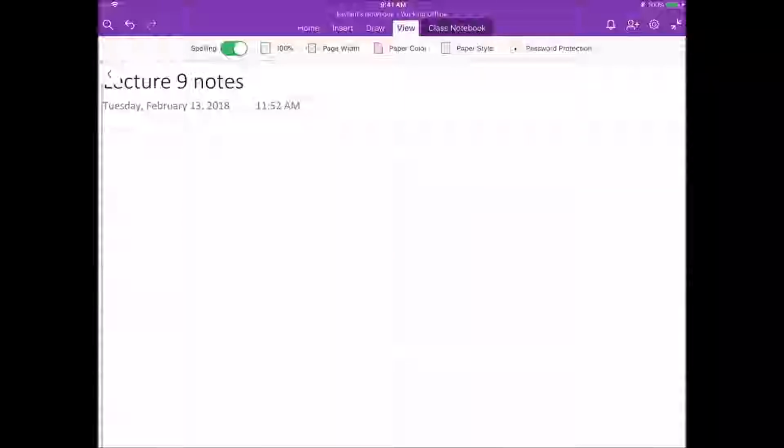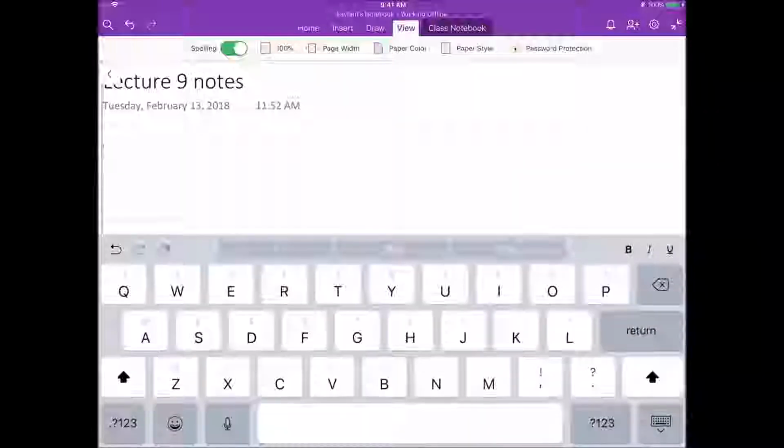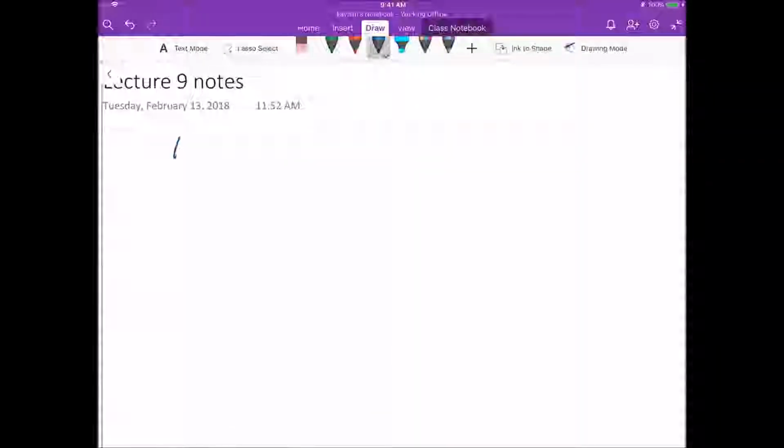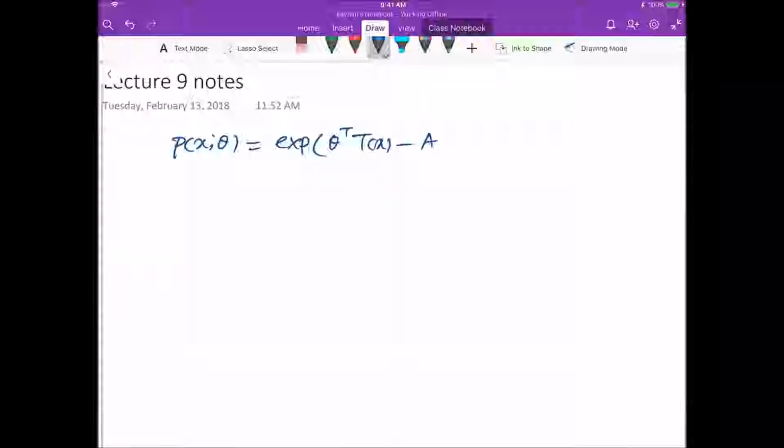To recap the exponential family, if you remember, T was the sufficient statistic, theta was the parameters, A of theta was the log partition function, and H was a set of other terms.